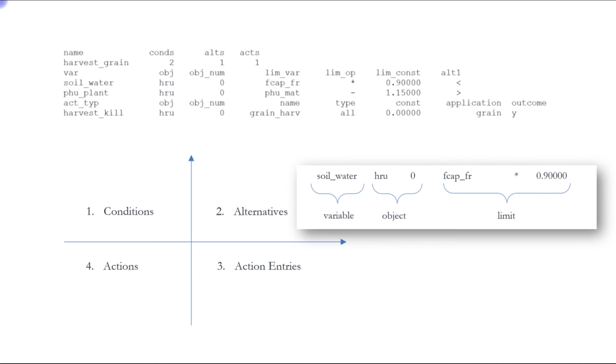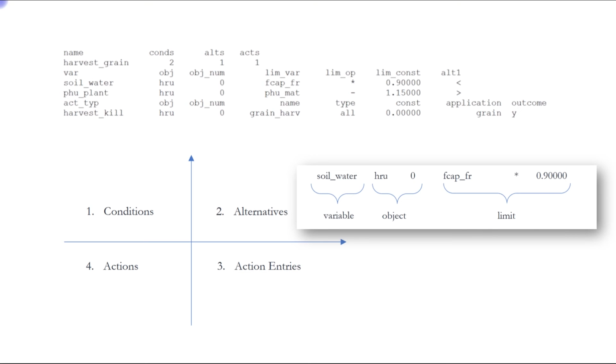With this knowledge, you can make changes to decision tables. You can also make changes to all the other files that we have discussed in this video. After you have made changes, you can go straight to SWAT Plus editor and go to the run model section and run your model again.